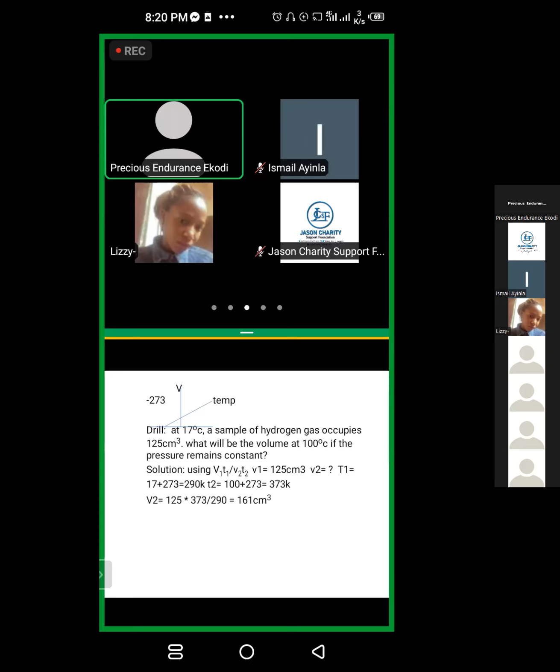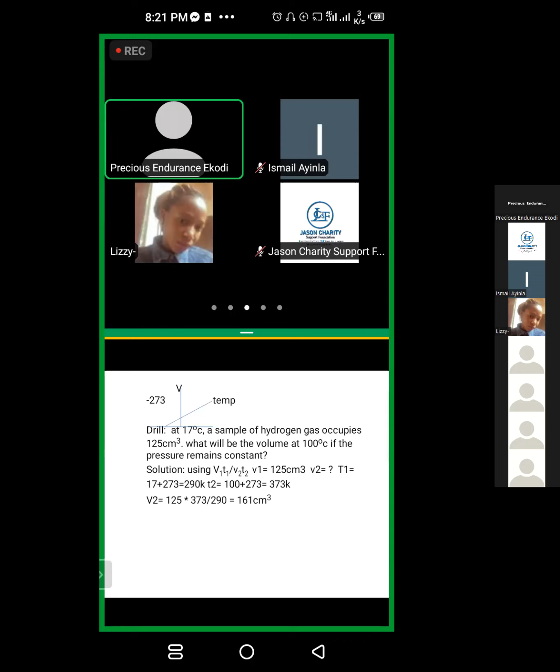Do we get it? So that's why we have 125 times 373, which is your T2, divided by 290, which is our T1. So if you try that, you will have 161 centimeter cube.